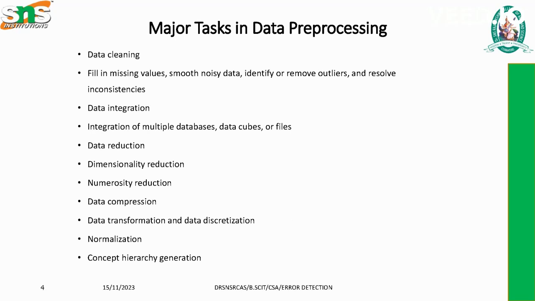Then the major tasks in data pre-processing. The first one is data cleaning: filling in missing values, smoothing the noisy data, identifying or removing outliers, resolving inconsistencies. Data integration: integrating multiple databases, data cubes, or files.